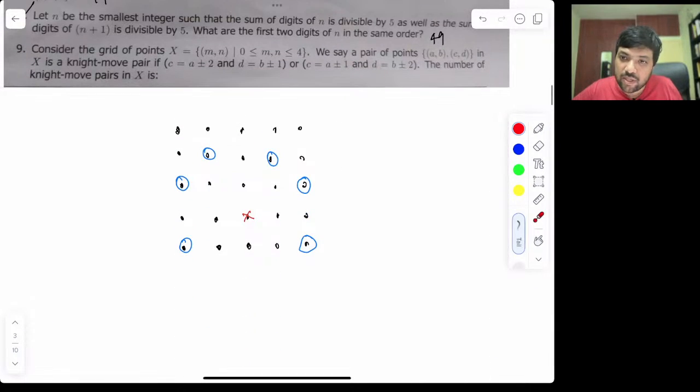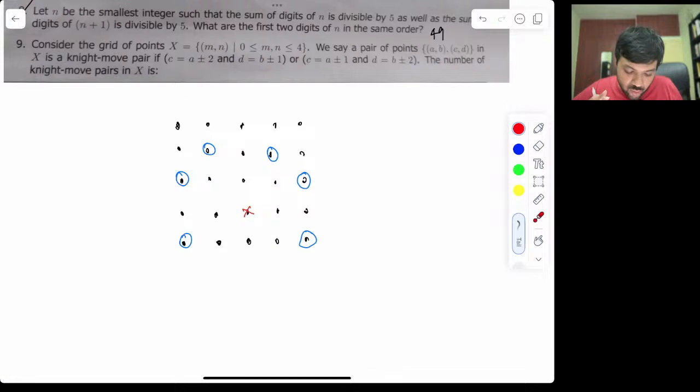Okay, did anyone do the knight move problem? How did you go about doing this without brute force, or did you brute force it? Let's see. So how will you solve this problem? You had to basically, if you start from here, I think there is a certain symmetry here, right?